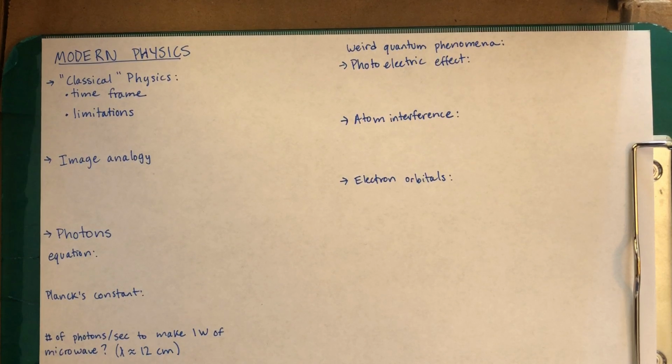Let's talk about modern physics. So, maybe you didn't realize this, but everything that we've done in the course up until this point has been what people call classical physics.